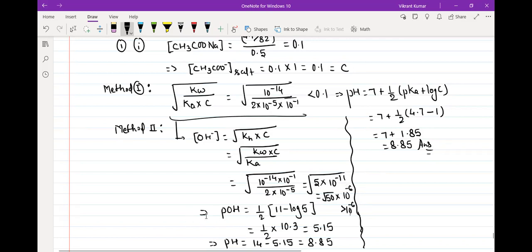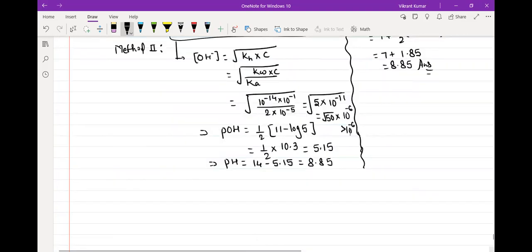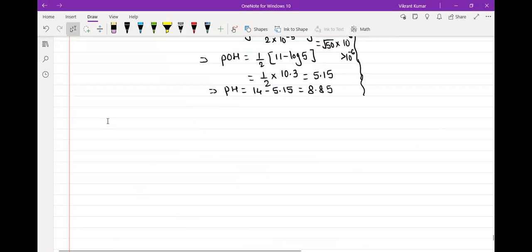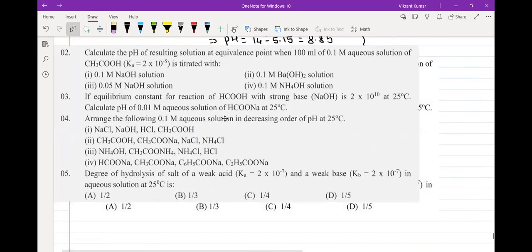Clear? So what you do, I'll be sharing the remaining questions also. Attempt them once and then come next time. I'm sharing all the remaining questions from this section. In the next class we'll talk about some more hydrolysis cases. Like I have not talked about any hydrolysis in which the charge of the ion is +2 or -2 or +3 or -3.